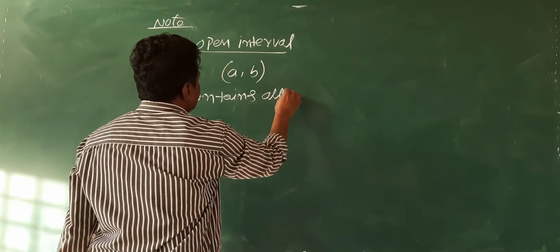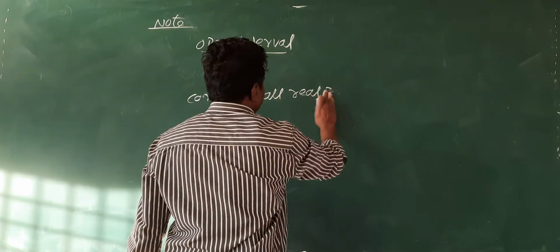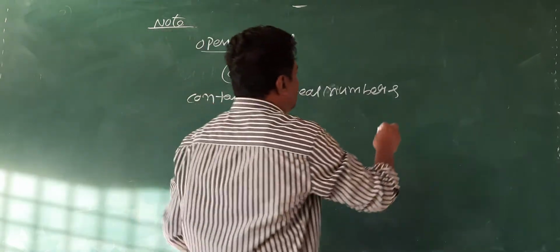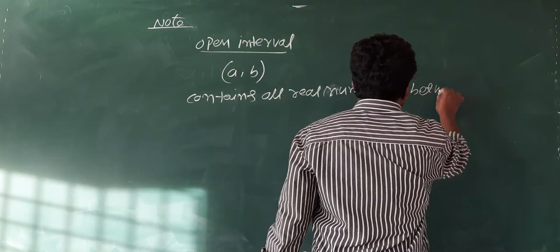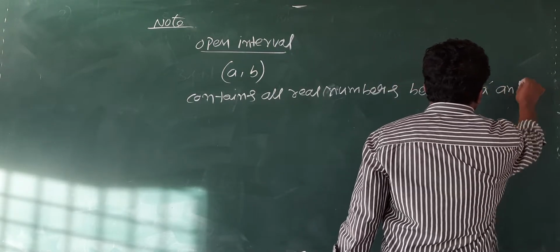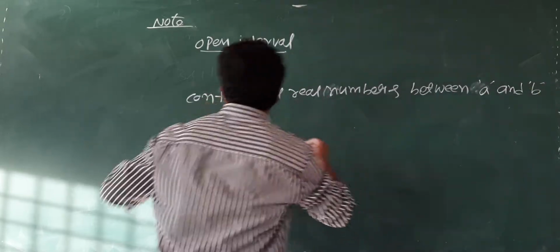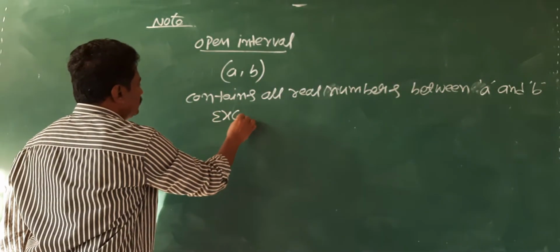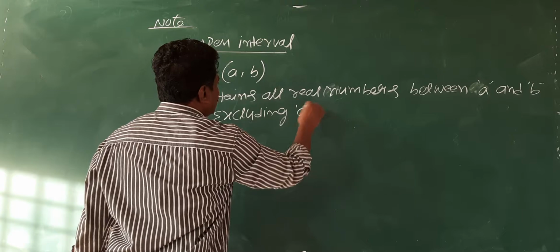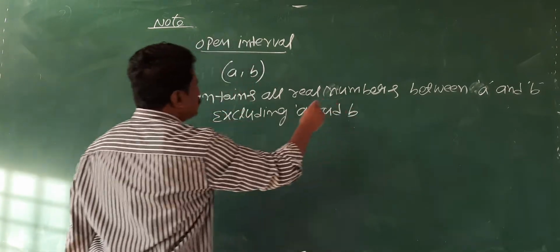This open interval AB contains all real numbers between A and B, excluding A and B.